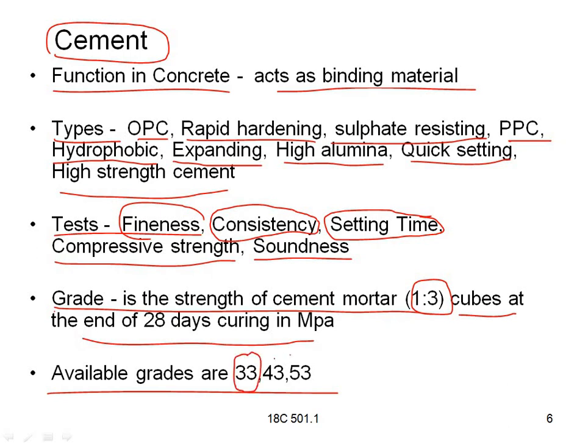So how did these 33, 43 and 53 grades come? These are tested in the laboratories, that is nothing but 28 days compressive strength of concrete. Then they determine it depending upon the megapascal, Newton per mm square load, and name it as the type of grade. So depending upon the grade, the cement also will be there.